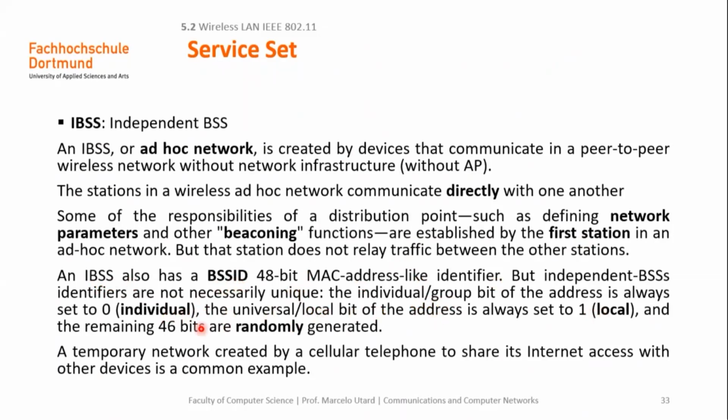And the remaining 46 bits are randomly generated. A temporary network created by a cellular phone to share its internet access with other devices is a common example of the use of those independent BSS.